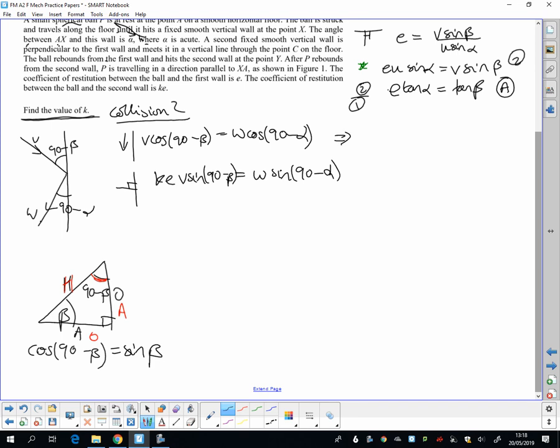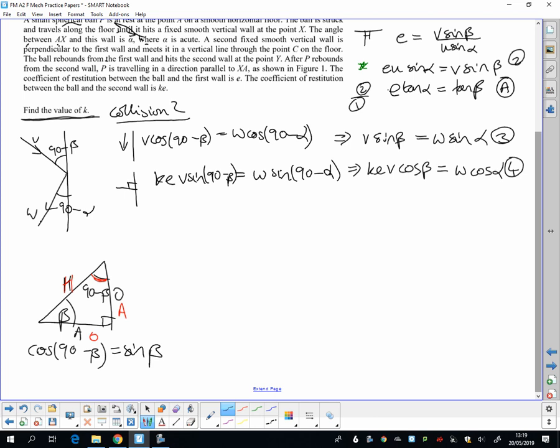So this one becomes v sin beta equals w sin alpha, instead of cos of 90 minus beta. That's going to be equation 3, and this one becomes ke times v cos beta is w cos alpha, which is equation 4.